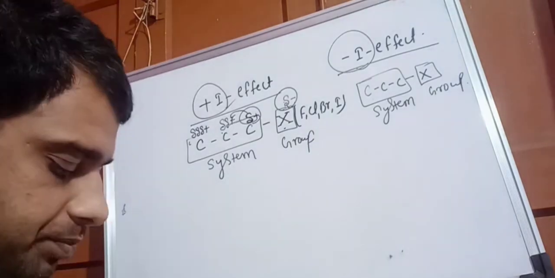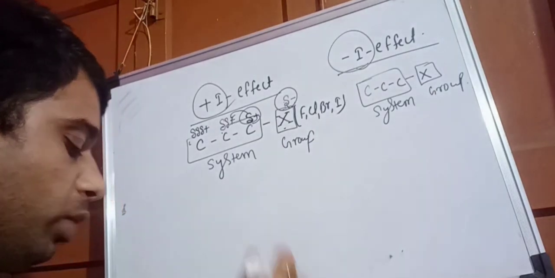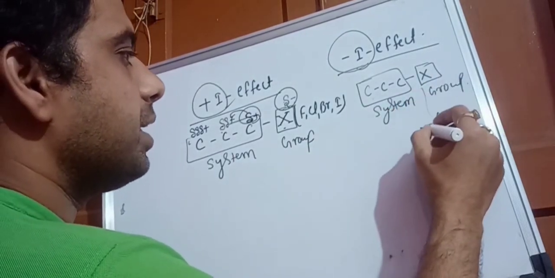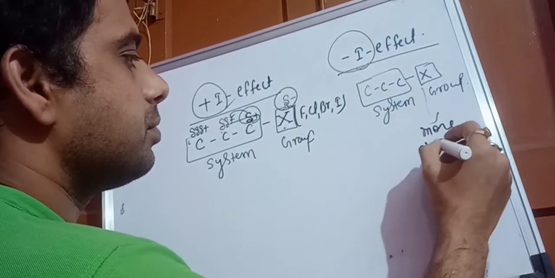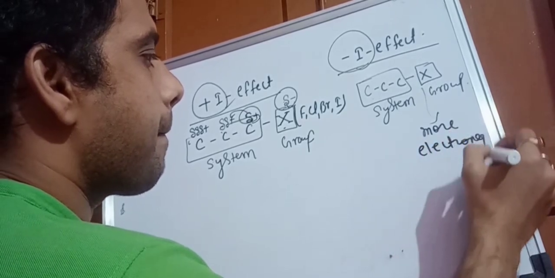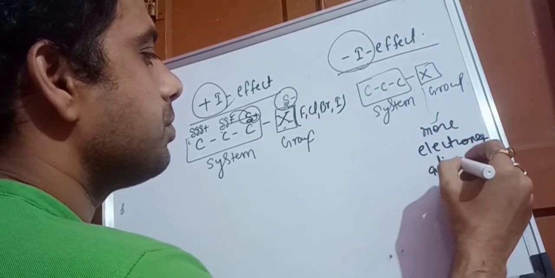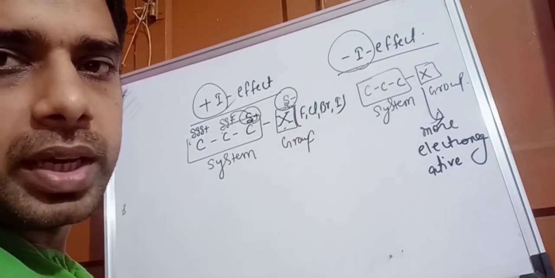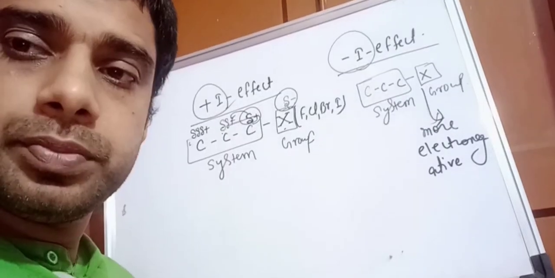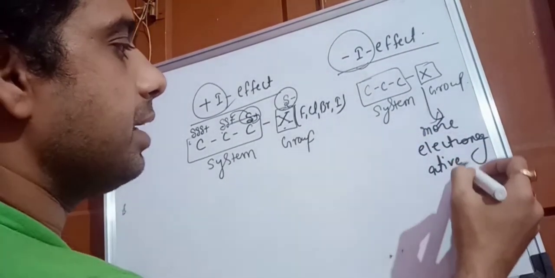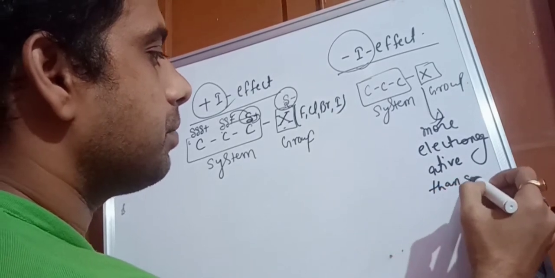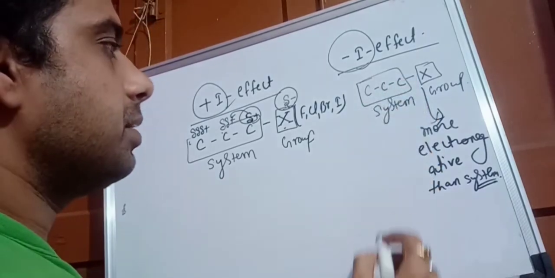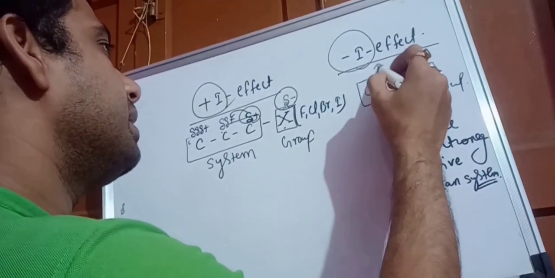If X is more electronegative than the system, then it is called the negative I effect.